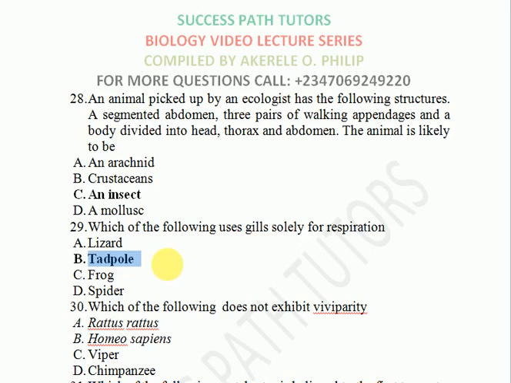When I say solely, only, and bear in mind that tadpole is the larval form of your frog. So while it was in water, it was only using gills alone. But when frog gets to the land, or say toad, any one of those ones, amphibia, their adult form stays on land and on water. Do you get?